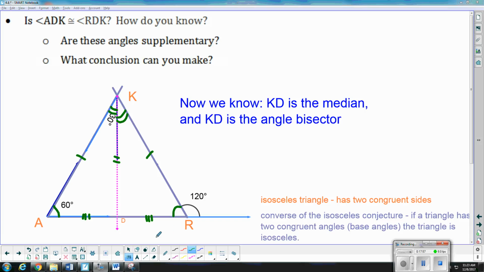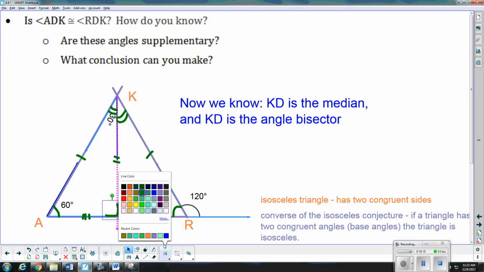All right, so the next question is angle ADK, is this angle here congruent to RDK? So are these two angles congruent? And if they are, how do we know that?